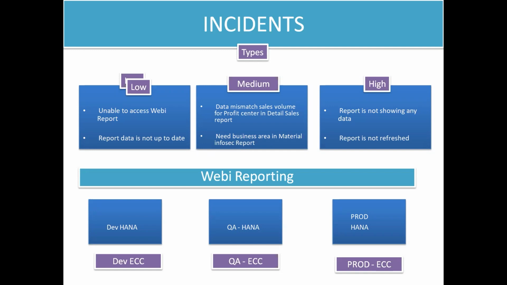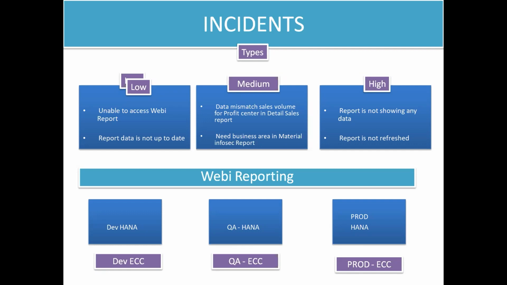In that case, we have to contact the relevant functional team members. We have to reach out to them and show them this is the area, this is the report, and he's expecting the sales volume for so and so profit center. I want to see what exactly the value is in the profit center area in the SAP system or SAP transaction.